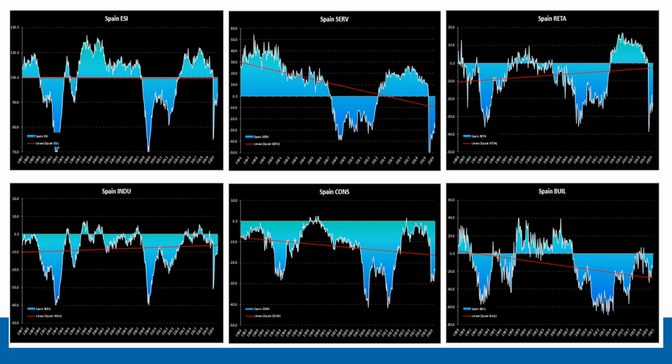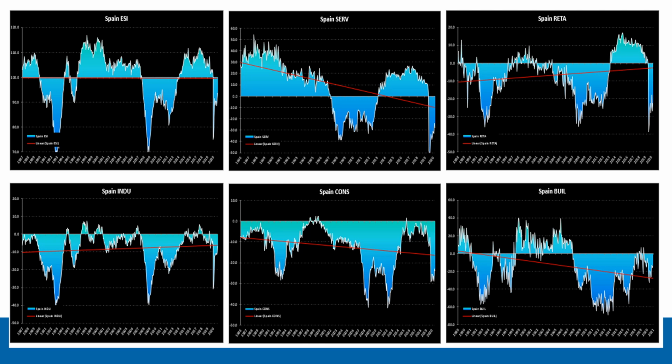Consumers, again, generally always miserable. Retailers, similar to Italy, not bad considering the backdrop of consumer sentiment within the Eurozone. And we have that period in the 2013 to 2020, 2019-2020 period, where we actually had positive sentiment for quite a while in Spanish retailers. And the slope, our long-term moving average, is going higher.